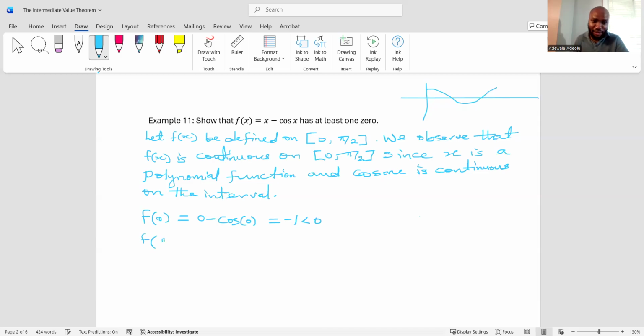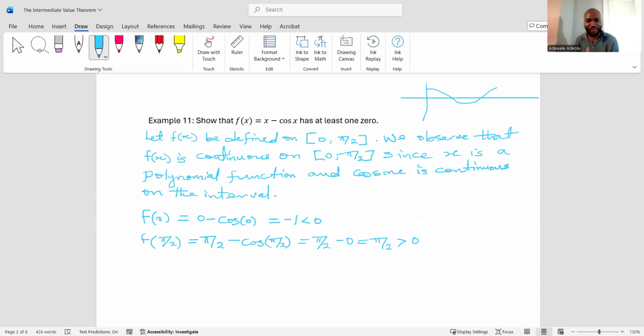F of pi over 2 is pi over 2 minus cosine of pi over 2, which is pi over 2 minus 0. So that is pi over 2, which is greater than 0.